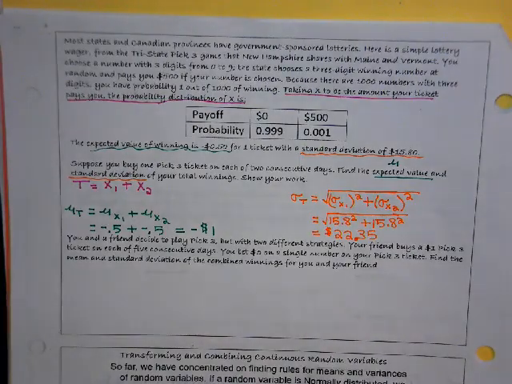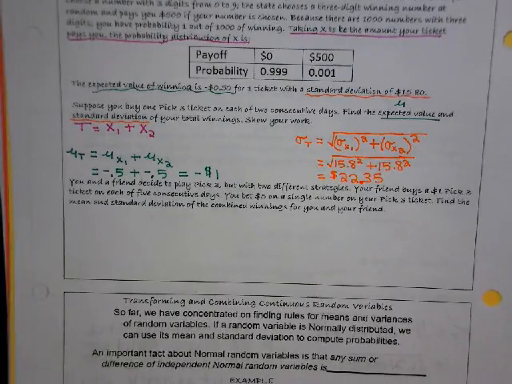All right, now we're going to look at a different type of combination. So this time, you and a friend decide to play pick 3, but with 2 different strategies. Your friend buys a $1 pick 3 ticket on each of 5 consecutive days. You bet $5 on a single number on your pick 3 ticket.